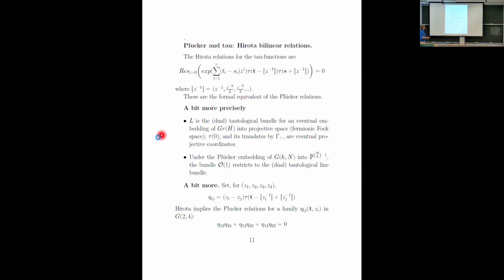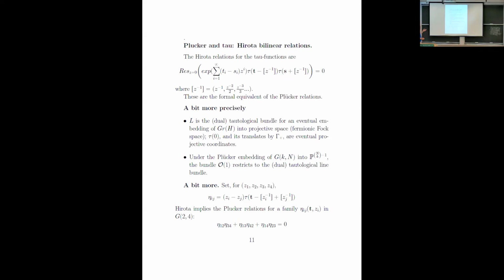So, a bit more precisely, you've got this line bundle L, and it's essentially O(1) for this embedding of the fermionic Fock space, but it's an infinite dimensional projective space if you want.